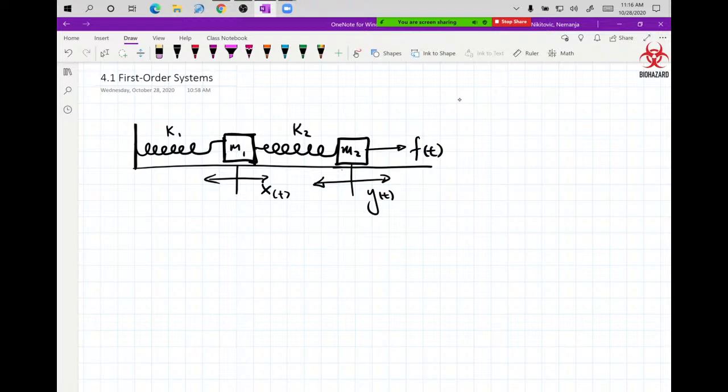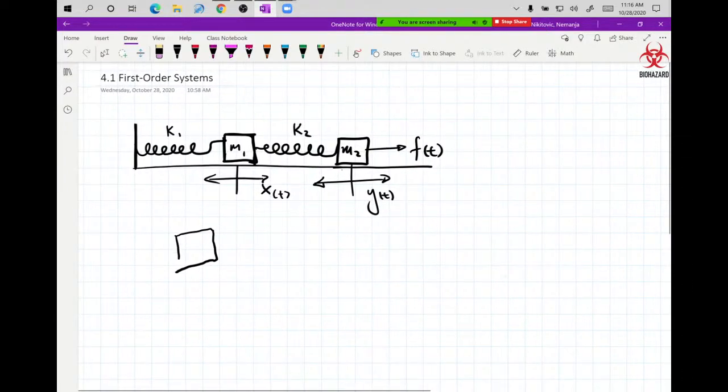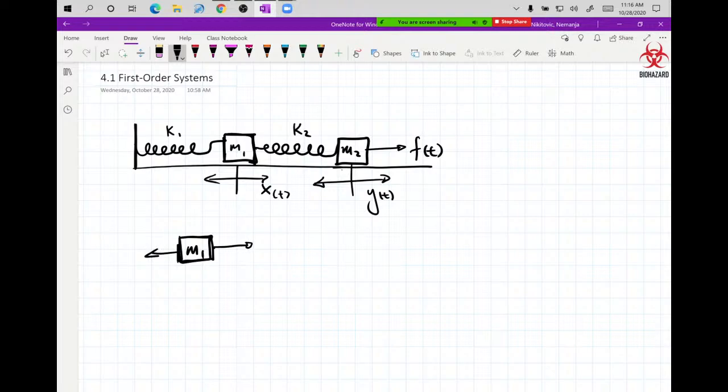All right, so let's do this now. So now, what do I have? I have mass 1. This is what you would call in physics a free body diagram. And this one is acted upon by two forces. There is a force using Hooke's law, kx or ky, because both of these are displacements.